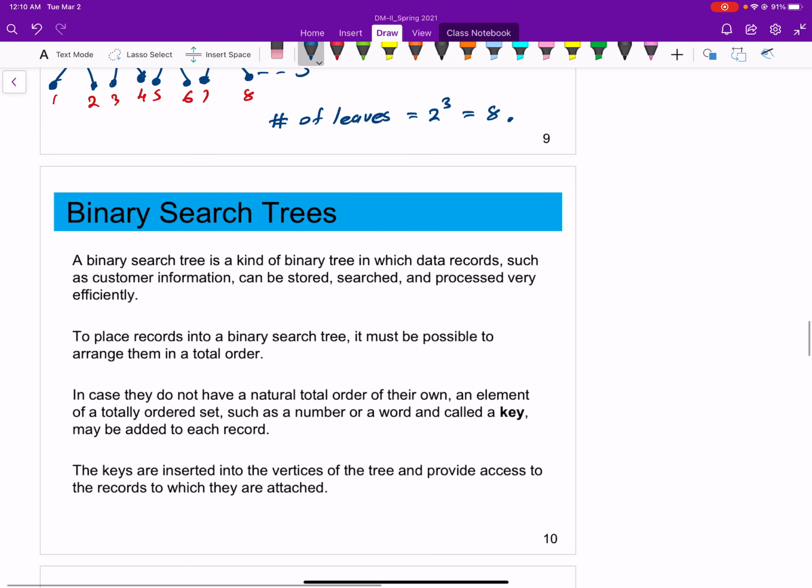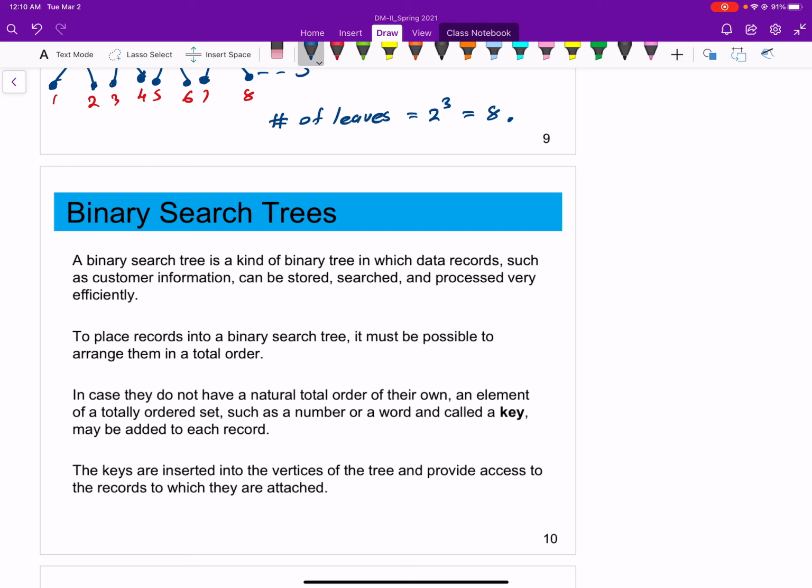Now we are going to talk about binary search trees. Since there are a lot of computer science students in this class, they are familiar with binary search trees. Binary search trees are very convenient in many cases. You can use binary search trees to order a set of observations, and then you could sometimes detect anomalies.